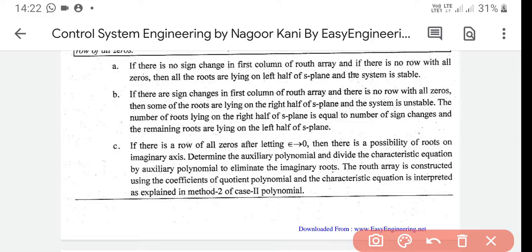Okay, then after that you are determining the auxiliary polynomial, and based on that you are dividing the characteristic equation by the auxiliary polynomial to eliminate the imaginary roots, and finally the Routh array is constructed based on the coefficients of the polynomial and characteristic equation.